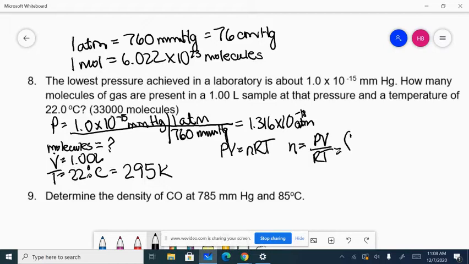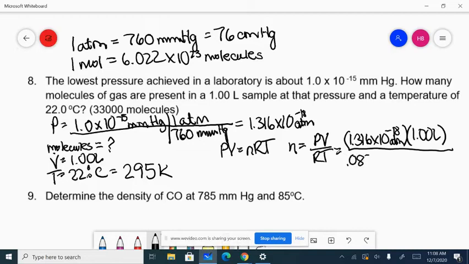Pressure, 1.316 times 10 to the minus 18 atm. Volume, 1.00 liters. R, times T of 295.